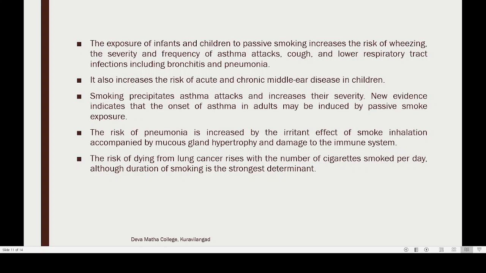But it only creates further problems. Even though for a temporary period they may be unaware of the difficulties of life, in their future life they will have more problems because of smoking, drug addiction, and alcoholism.